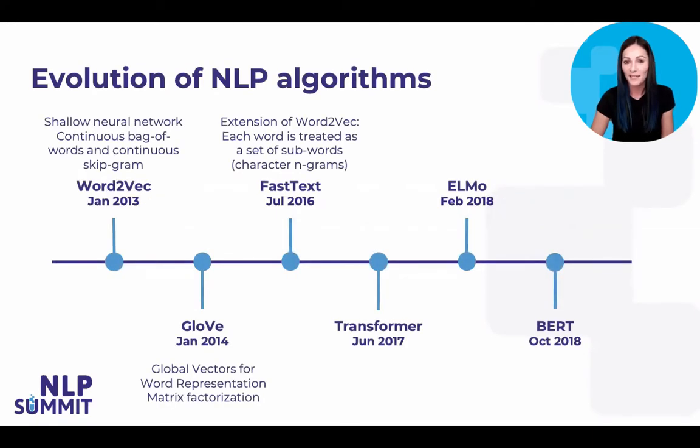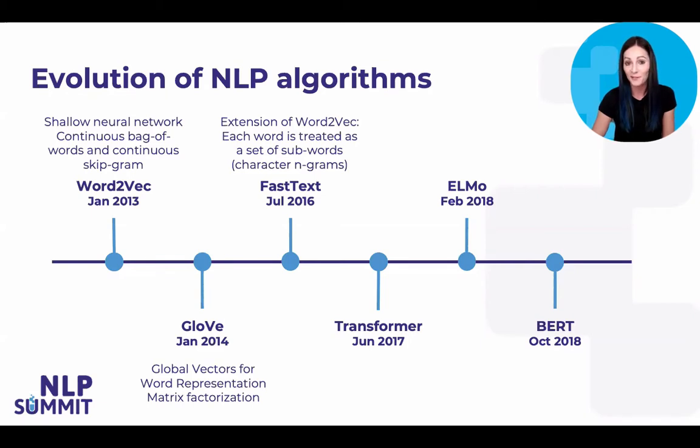If we look back to the evolution of NLP algorithms, we see that a lot of them really emerged in the last couple of years. So in January 2013, Word2Vec got introduced. And Word2Vec is very popular still nowadays. It's a shallow neural network, and it's also known for the continuous bag of words and the continuous skip-gram concepts.